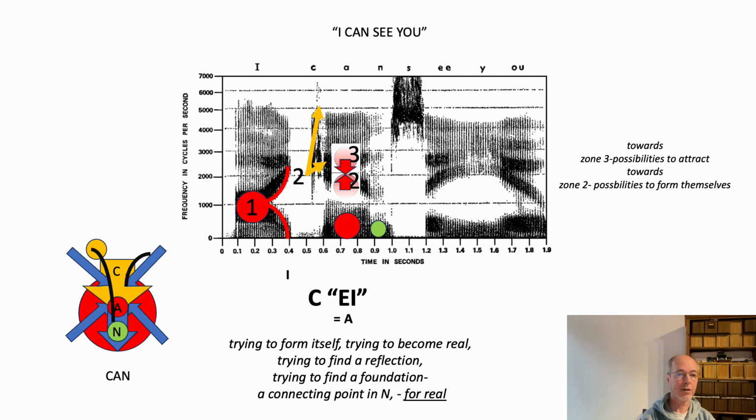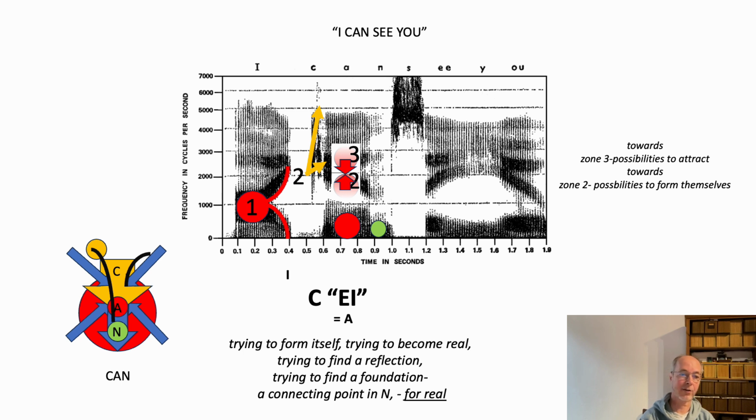So the A is, of course, a certain middle in there, but it will try to include a variation of feedback that seems to break into this process. But the A as a foundation wants to include a new element, the N there, and that will form the form of can.